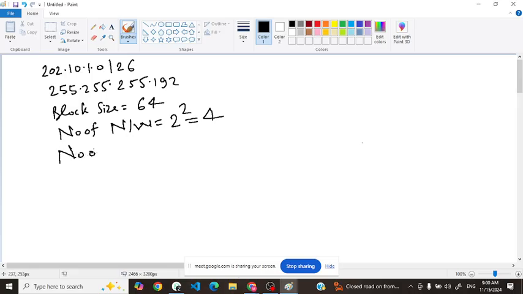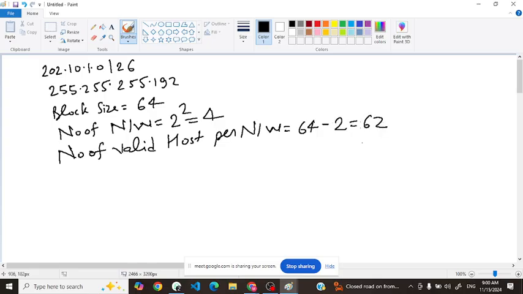Number of valid hosts per network? 64 minus 2, which is 62 usable IP addresses. Yes, usable hosts. What will be the first network ID? 202.10.1.0.